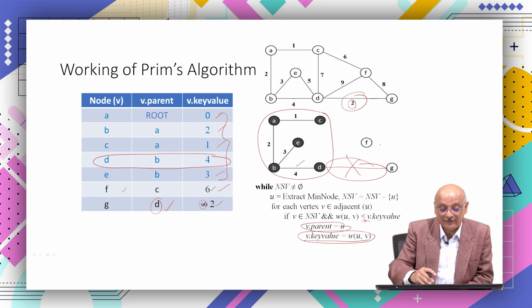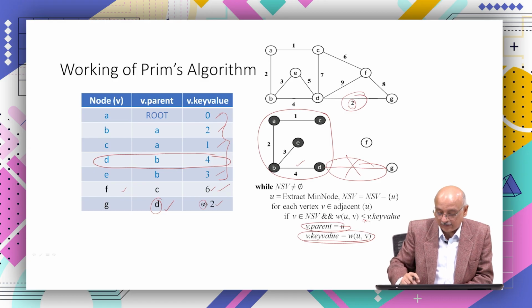So that is something which you need to note. We are just creating a minimum cost spanning tree, which is one spanning tree only. There are no disjoint trees which are clubbed into one towards the end. All right.